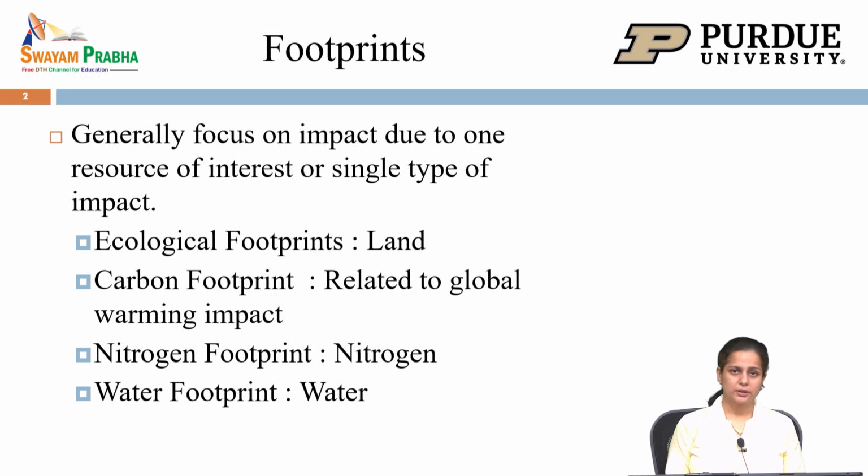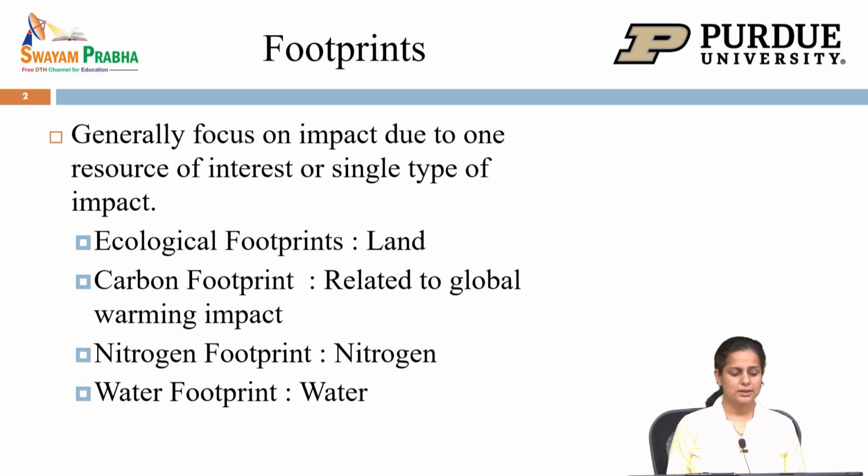We also looked at the thermodynamic assessment where the focus was more on the energy efficiency or the exergy efficiency, and we also went all the way to the ecological work done, which is the ecological cumulative exergy consumption. A lot of times when we are thinking about sustainability assessment for products and processes, we are also concerned about the use of specific resources as we are becoming very resource constrained.